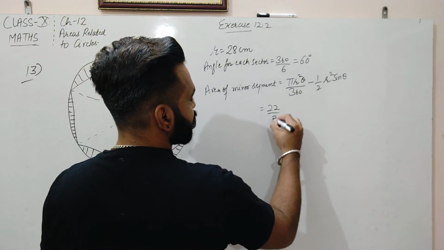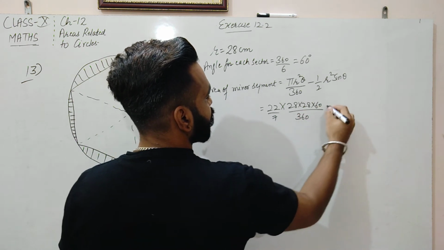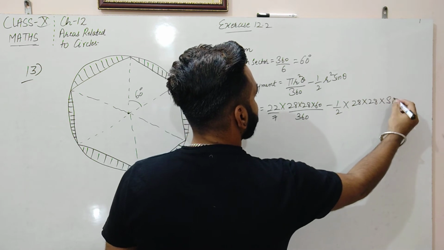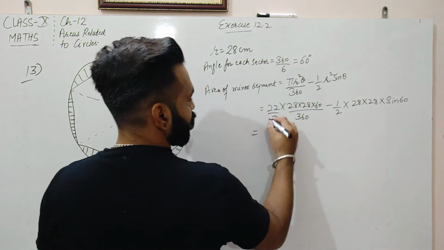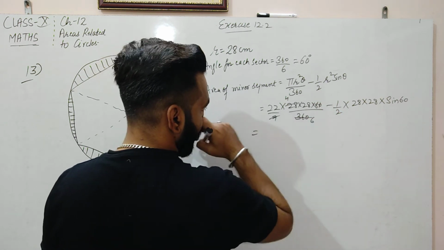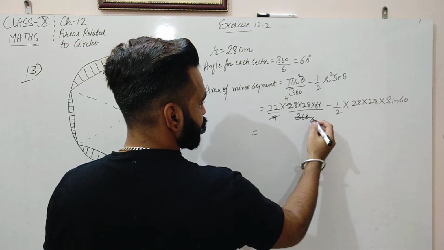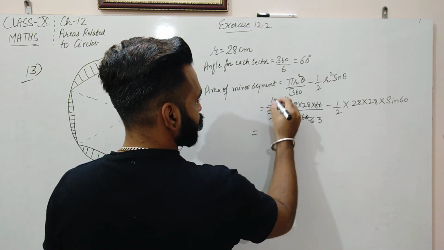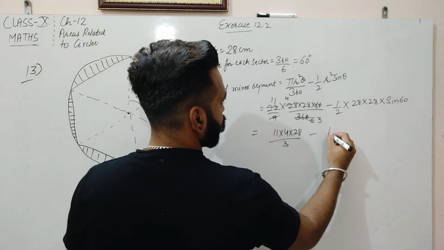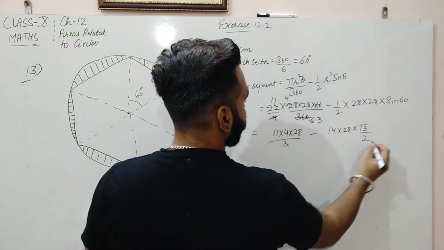So 22 by 7, radius is 28, theta is 60, minus half 28 into 28 sin 60. Sin 60 is root 3 by 2.